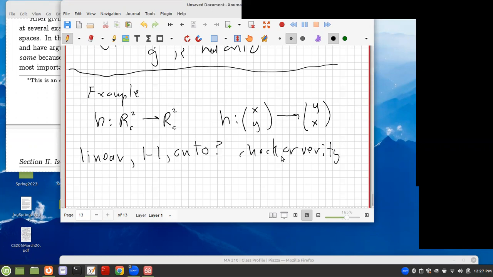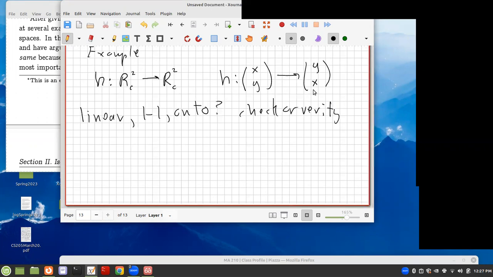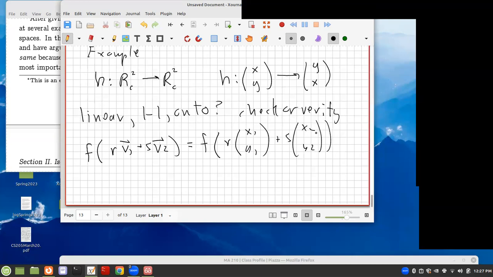Okay, so what do we do to show that this map is linear? Well, here's an arbitrary linear combination, and we'd have to choose two vectors for arbitrary R and S. We'd choose R times (x1, y1) plus S times (x2, y2).